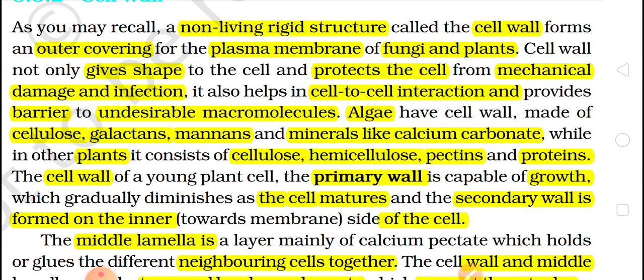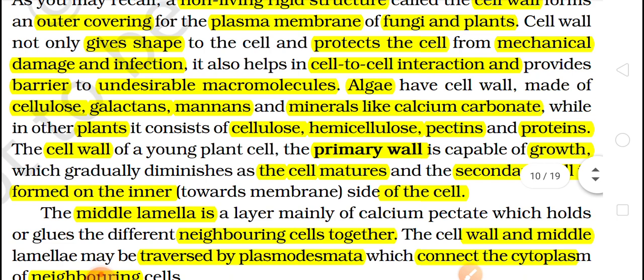Algae also have a cell wall, made up of cellulose, galactans and mannans, while the plant cell wall is made up of cellulose, hemicellulose, pectins and proteins.